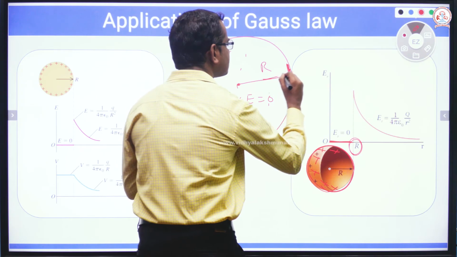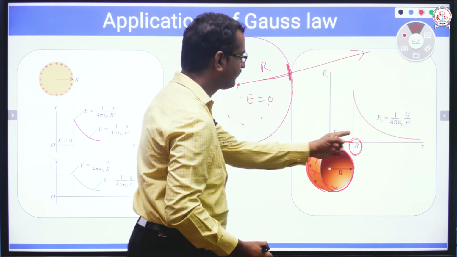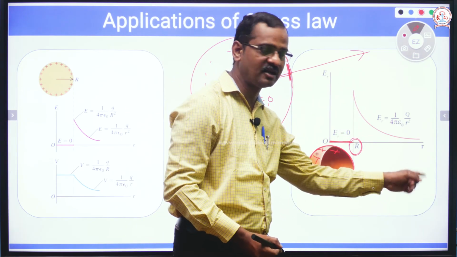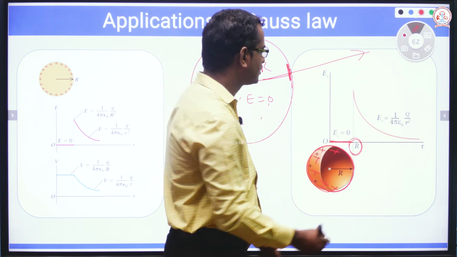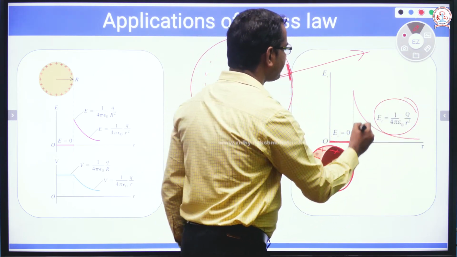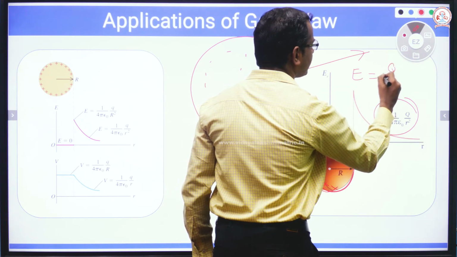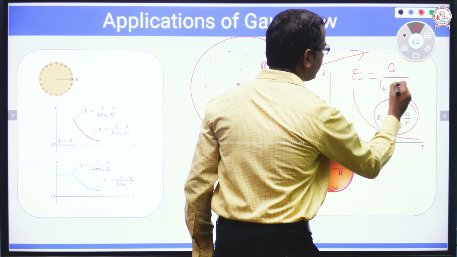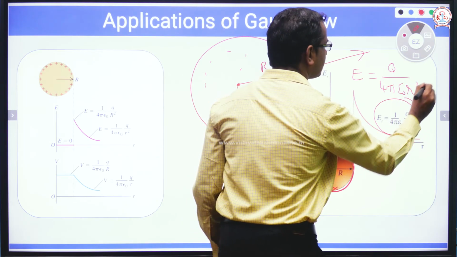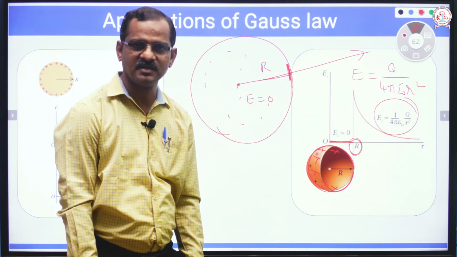And after this what happens? Electric field value decreases gradually. Just look at this equation: electric field is equal to Q divided by 4 pi epsilon naught R square. It is inversely proportional to the square of the distance.